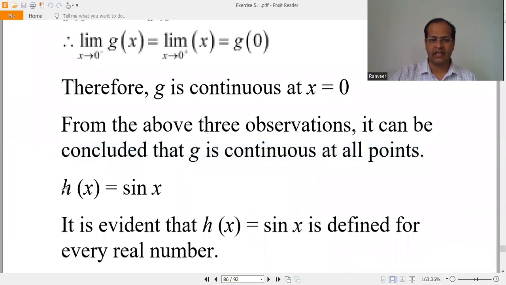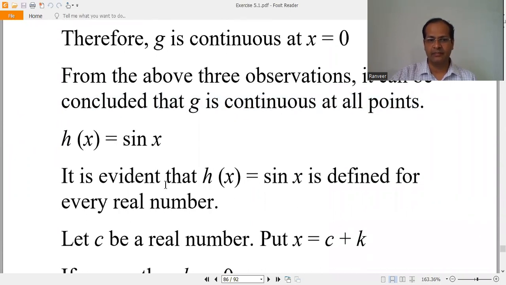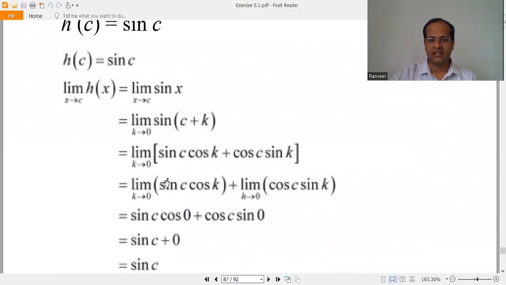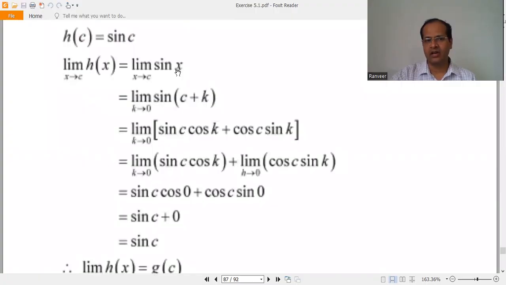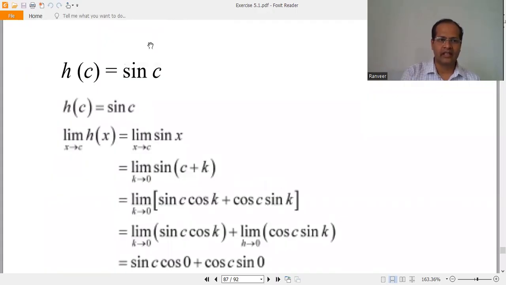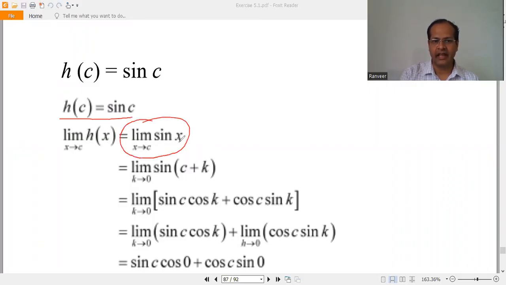Similarly, h of x we can check; we already discussed it earlier. So sin x is also continuous, we already showed this process, and the previous question also we saw. So h of c equals sin c, and the limit as x tends to c of h of x is the limit as x tends to c of sin x.